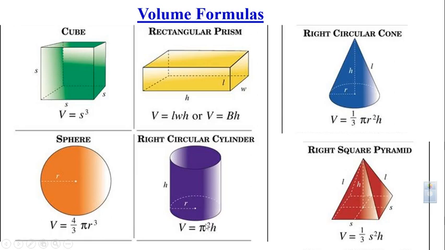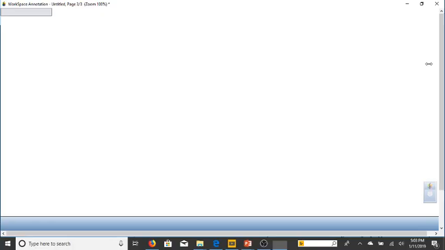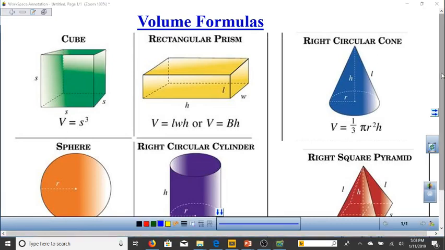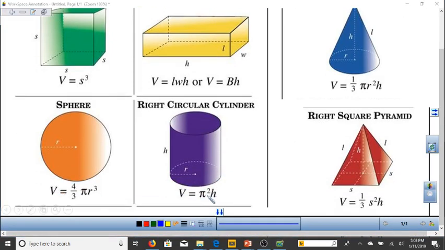This formula is missing the r, so let me correct that right now. The formula should not be pi squared r h, but it should be pi r squared h.